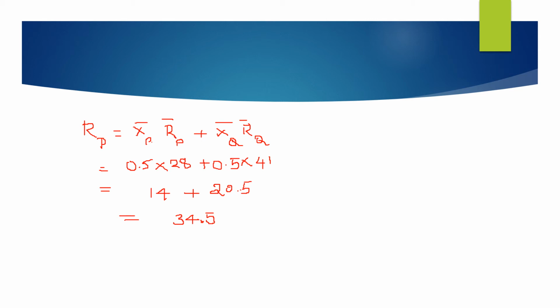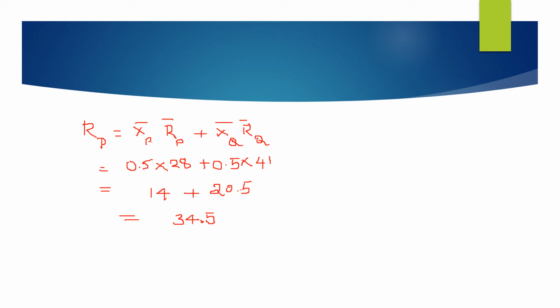So the expected return for stocks P and Q we have calculated already in the previous slides. So here I have written the formula. Expected return is equal to x bar P into R bar P plus x bar Q into R bar Q. So that is equal to x bar P. What is the value of x bar P?